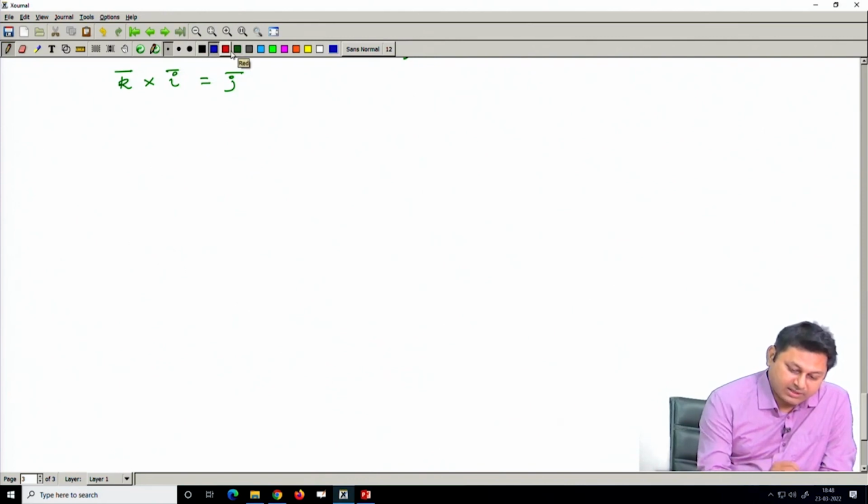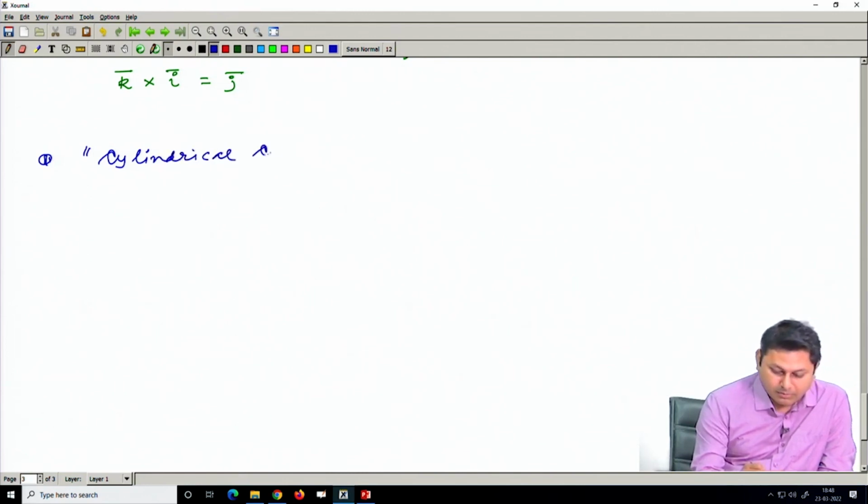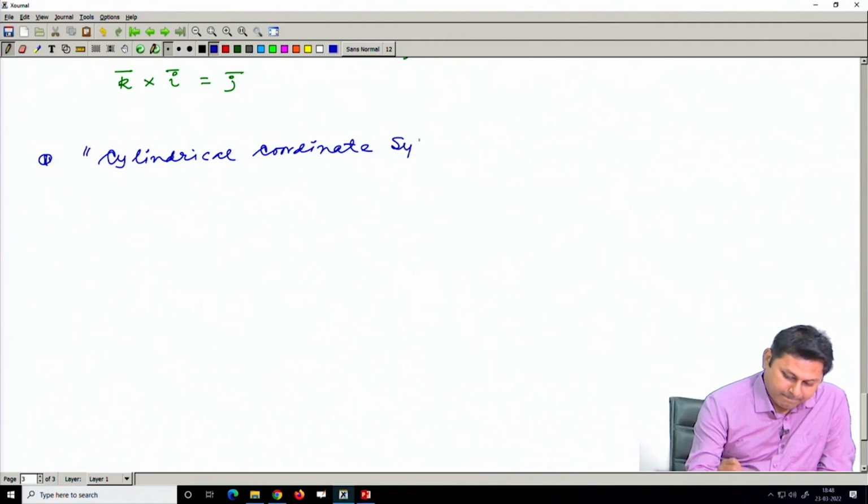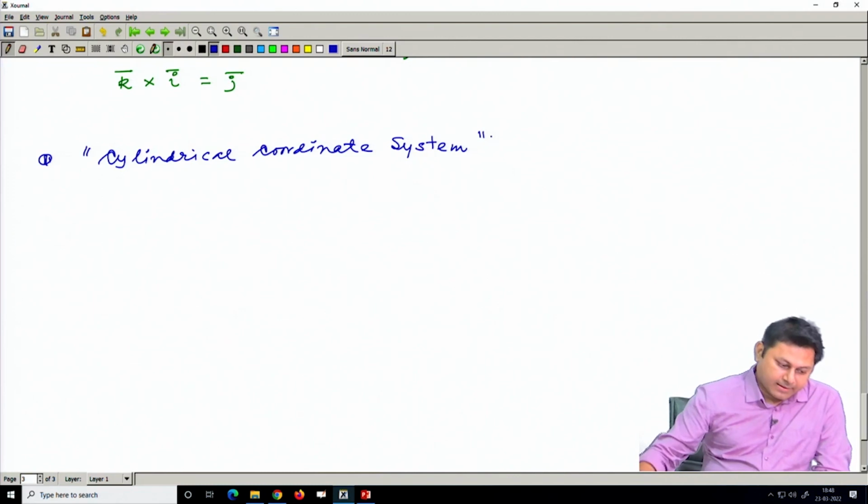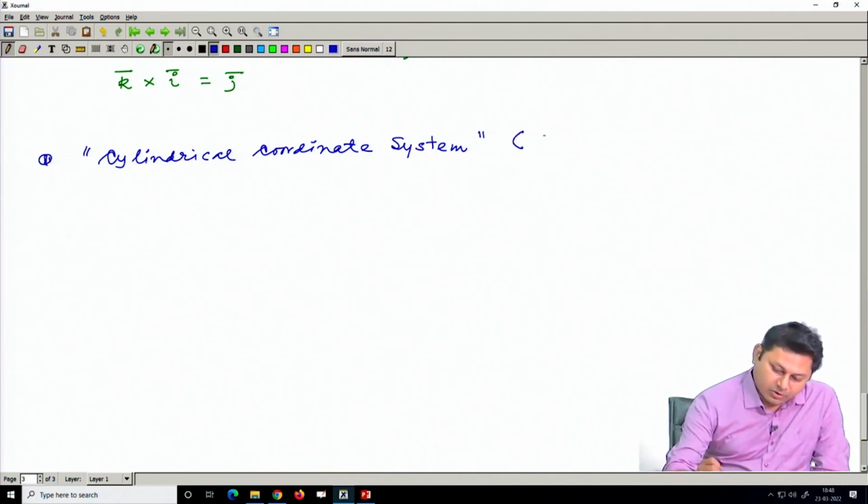the next coordinate system is normally called the rho phi z coordinate system.